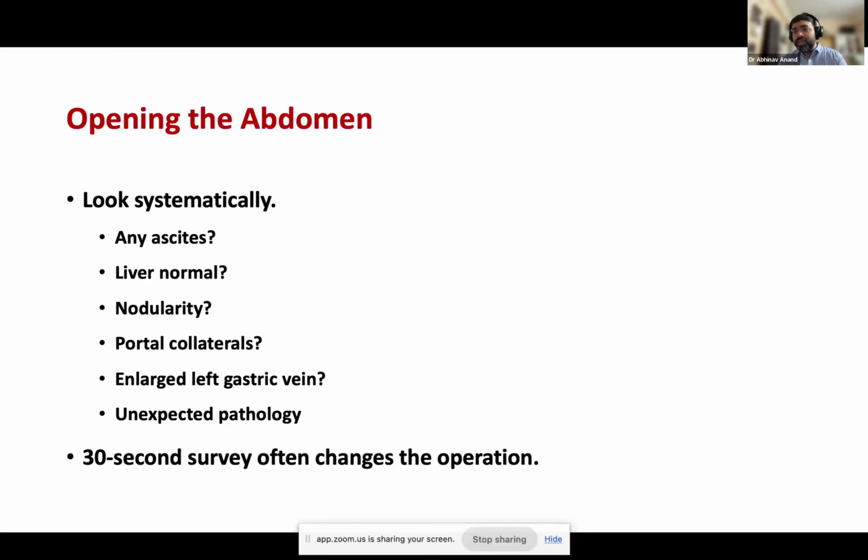Before starting, can you give us some indications where this PSRS is indicated? Sure, sir. PSRS, that is the proximal splenorenal shunt, is indicated in cases of portal venous obstruction. The patient may present with hematemesis, which we say is a bleeder. It could be a major bleeder or minor bleeder.